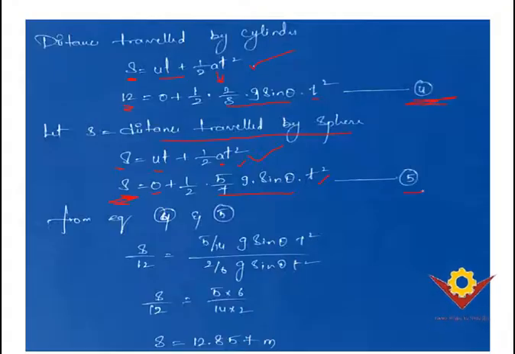We know the distance for the cylinder, and if you resolve these two equations, you get the distance for the sphere, which is 12.85 meters. The distance traveled by the sphere is 12.857 meters. Thank you.